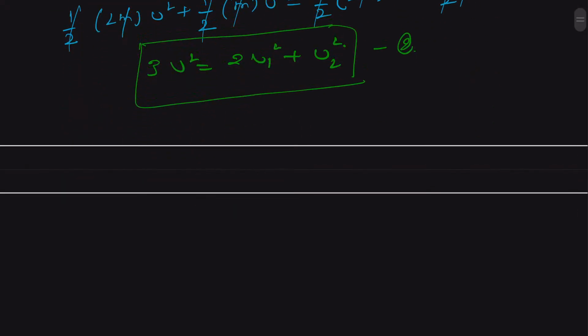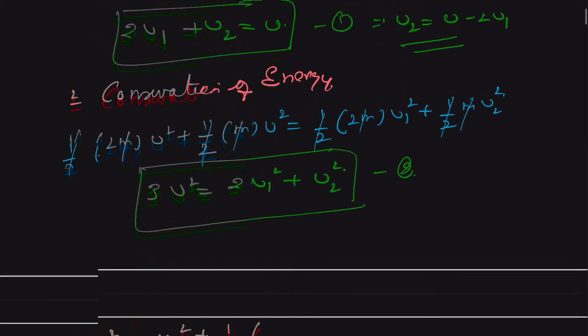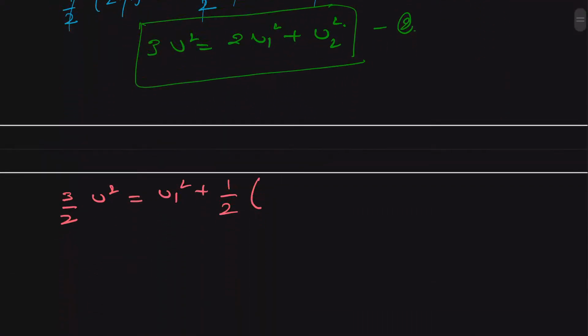Therefore we can write this as 3 by 2 v square is equal to v1 square plus half of v minus twice v1 whole square.